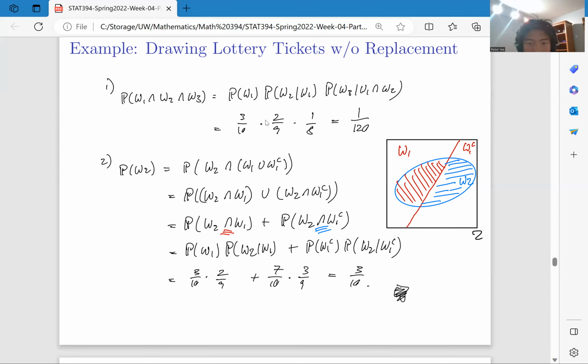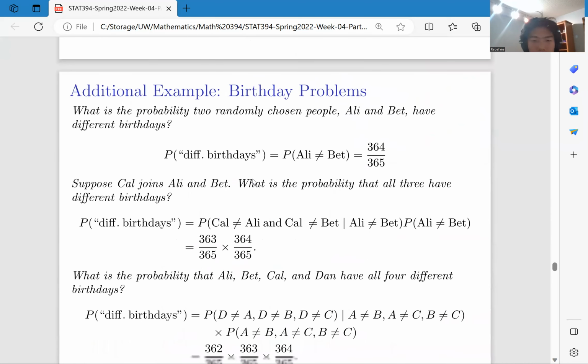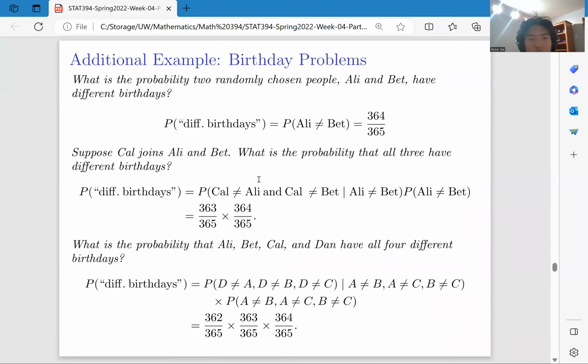As we said here, if the first ticket is a winning ticket, then the probability that the second is a winning ticket is 2/9. But here is the case where the first ticket is not a winning ticket. So still 3 winning tickets remain, but only 9 tickets remain. So it's 3/9.